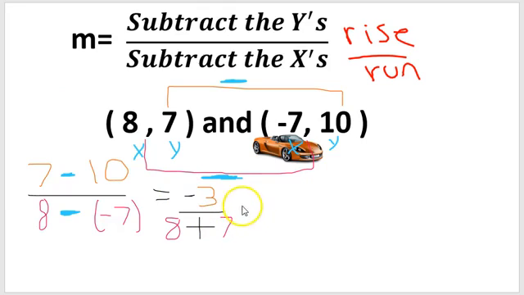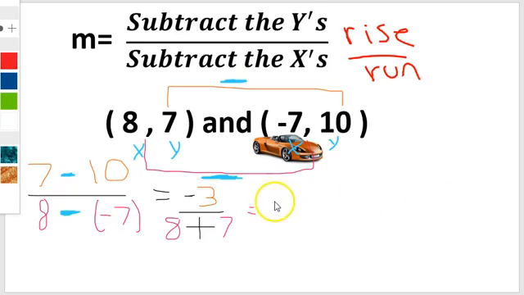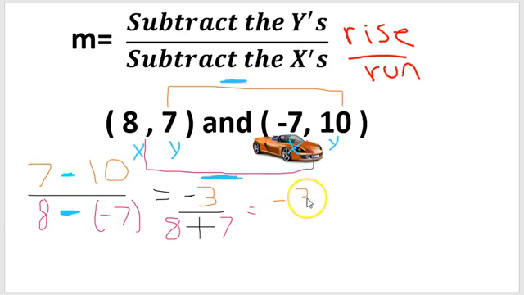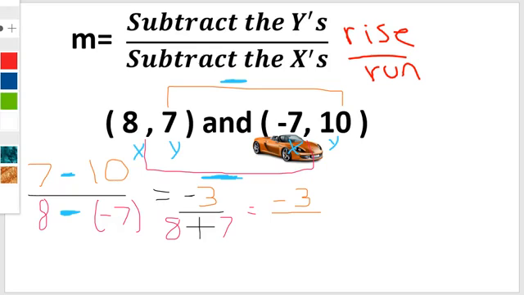So now when I go to finish my calculation, I still have my -3 up top over, and 8 plus 7 is, you got it, it's 15.